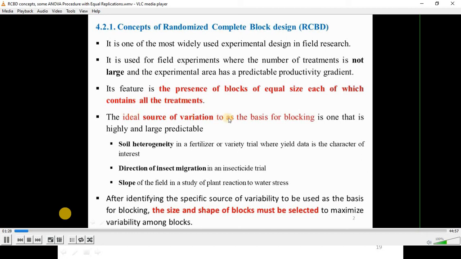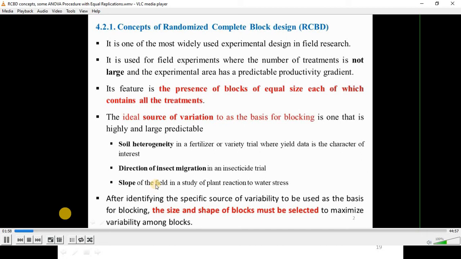The ideal source of variation to use as the basis for blocking is one that is highly and largely predictable. For example, in a fertilizer or variety trial where the yield data is the character of interest, if there is soil heterogeneity and we know the source or the direction of heterogeneity, we have to use blocking.